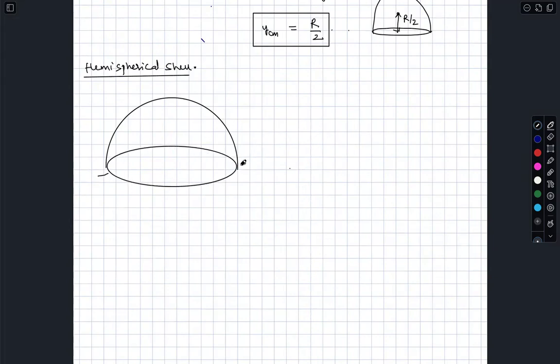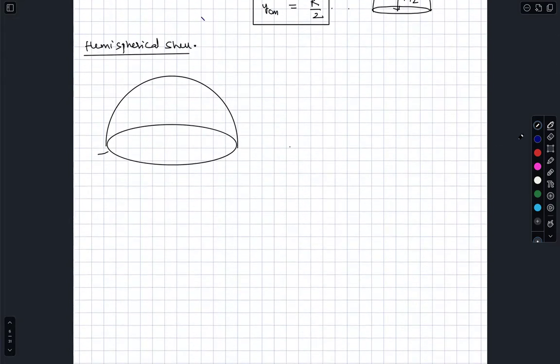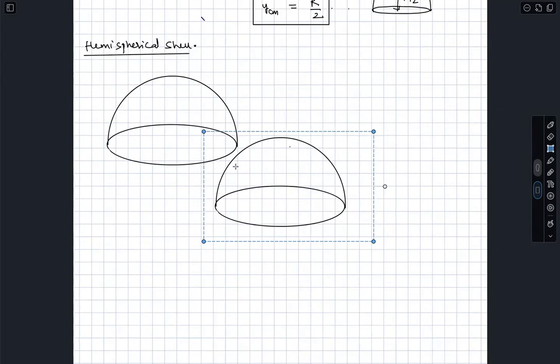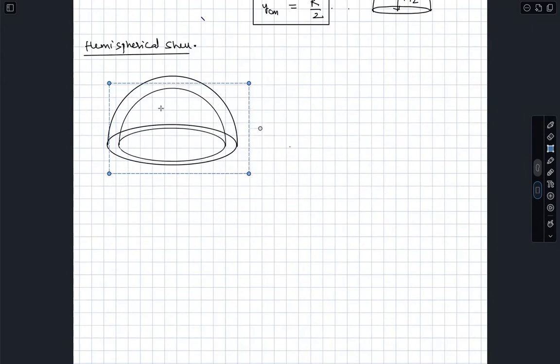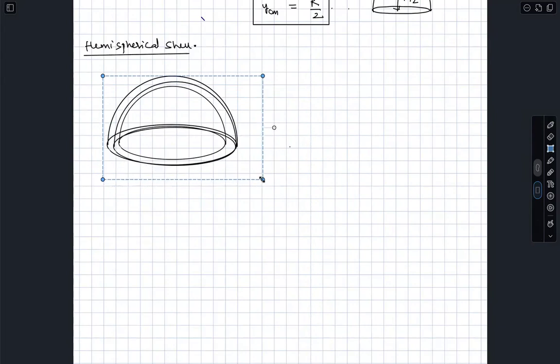we will consider thin shells, each made of a thin shell, which means we will see now we are considering one thin shell here.